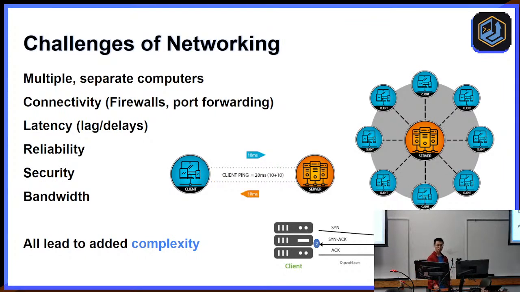Reliability, networking is kind of like trying to throw rocks at someone and expecting that they catch it every single time. Except they don't catch it every single time, so you have to be careful with how you send your data.